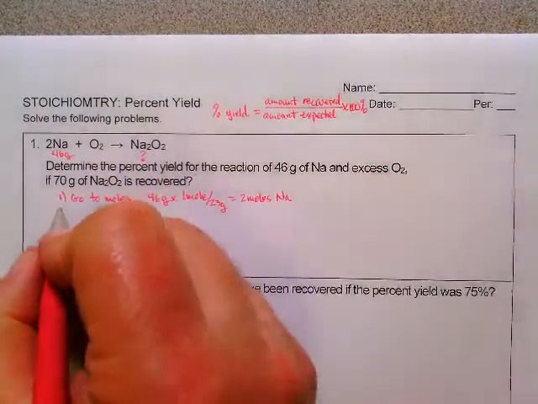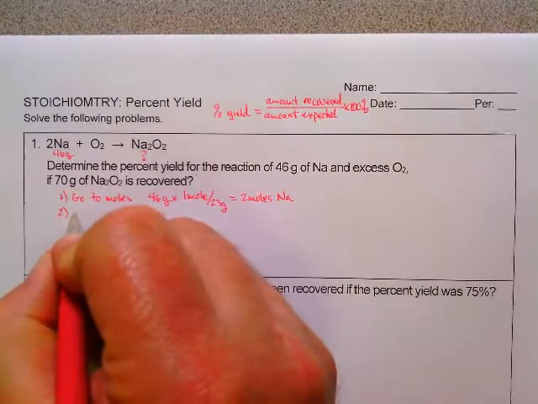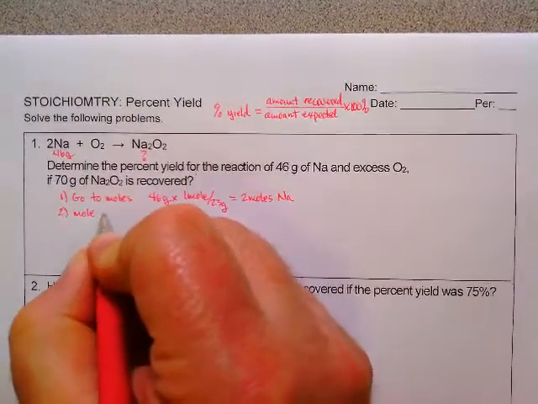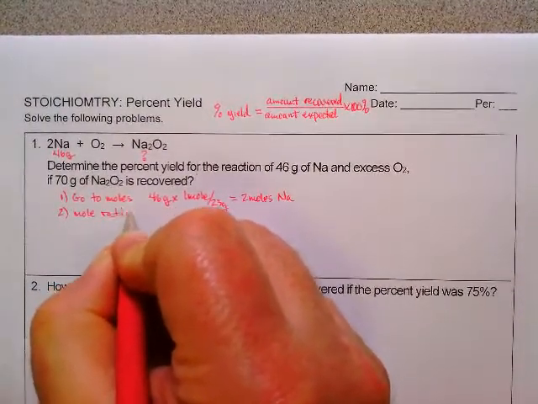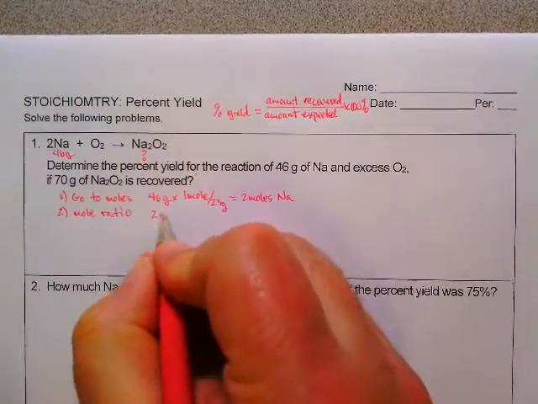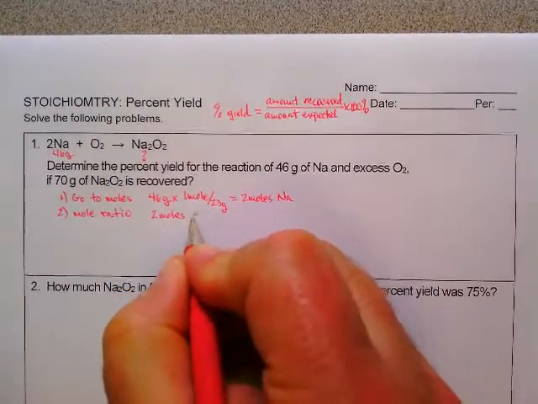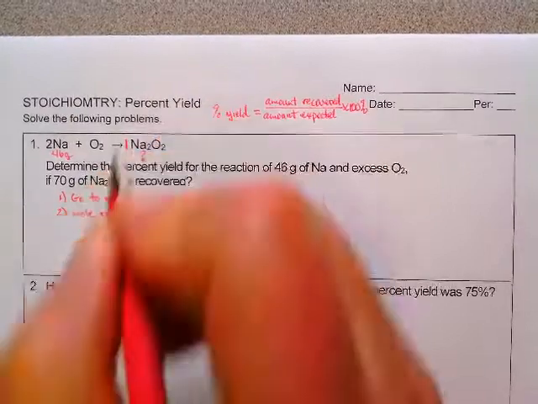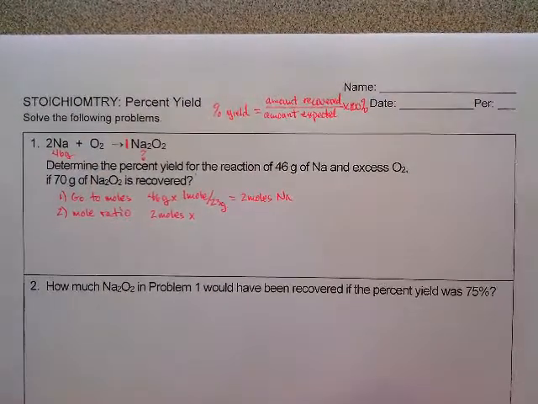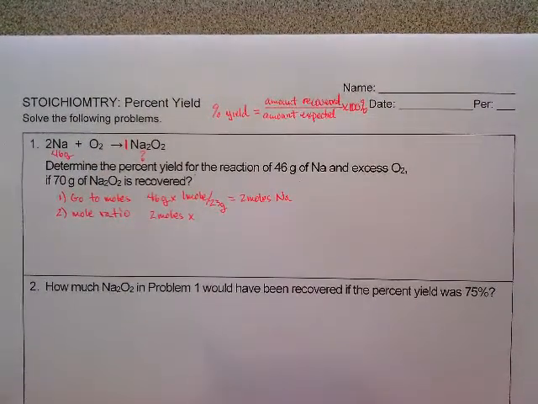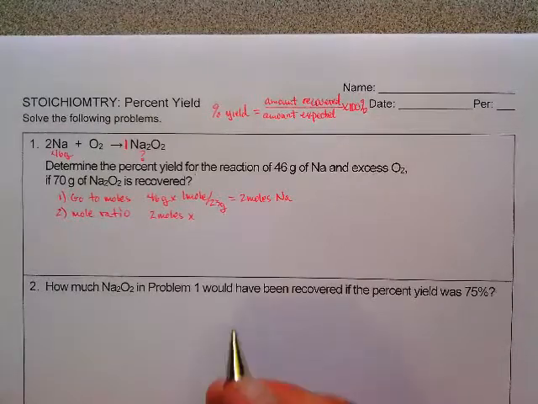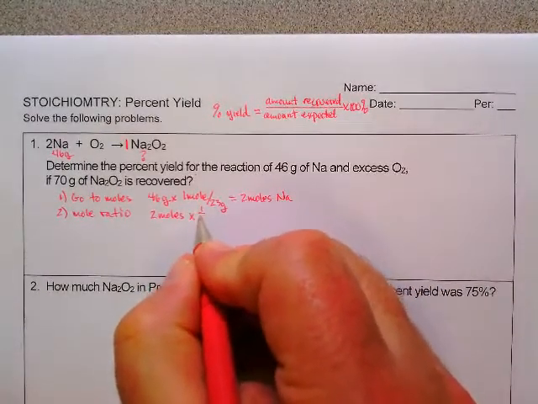So that's how much sodium I started with. Remember, our coefficients always represent moles. Okay, now step 2, we're going to do our mole ratio. So we're going to take our 2 moles times, now in this case the question mark always goes on top, that's the Na2O2, the sodium oxide, so the mole ratio would be 1 over 2.